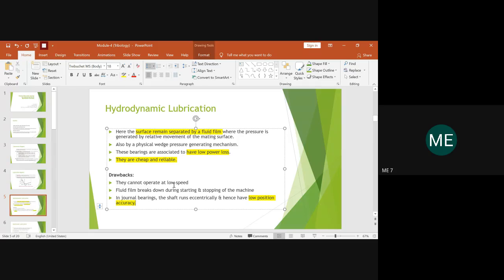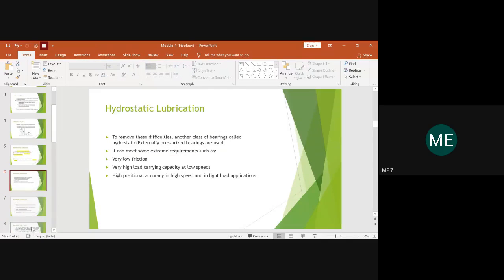So due to this, we need something better to overcome these drawbacks. To overcome these drawbacks, another class of lubrication came into the picture, which is our hydrostatic lubrication.